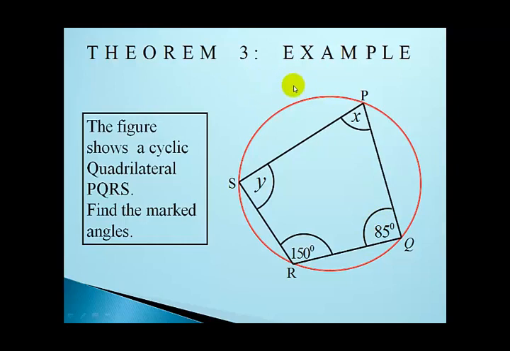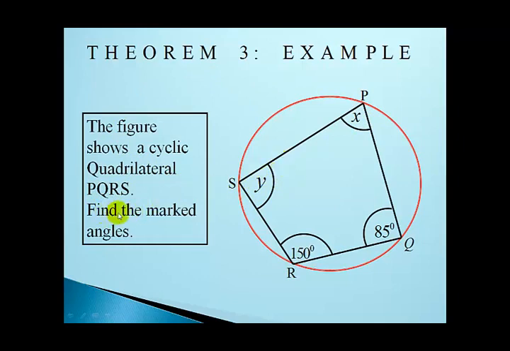Now let's look at this example on theorem 3. The figure shows a cyclic quadrilateral PQRS. That is a quadrilateral within a circle.